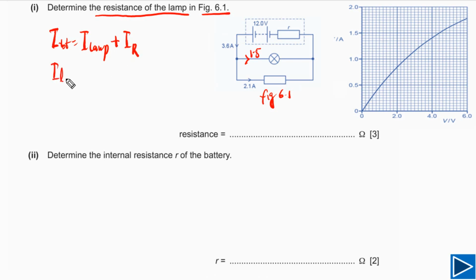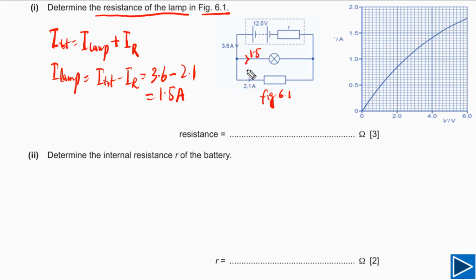So if we need to find I lamp, it is simply I total minus IR. In this case, I total is 3.6 minus 2.1, so the current passing through this lamp is equal to 1.5 amps.